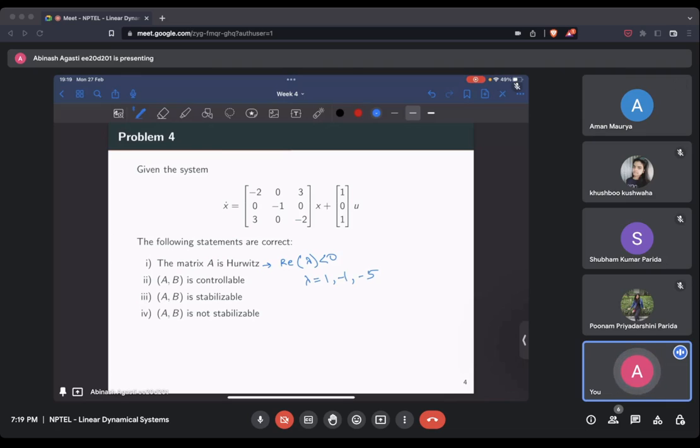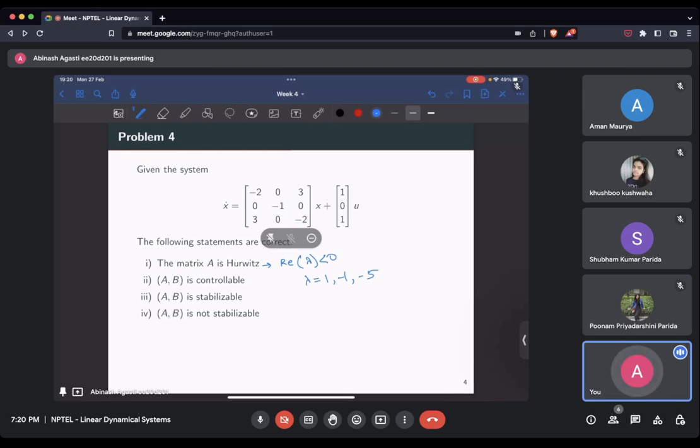Because for a Hurwitz matrix, all eigenvalues must be less than 0. Right. So this is not true. Next, what do we need to find out? Is the pair of matrices A and B controllable? So find out the controllability matrix.